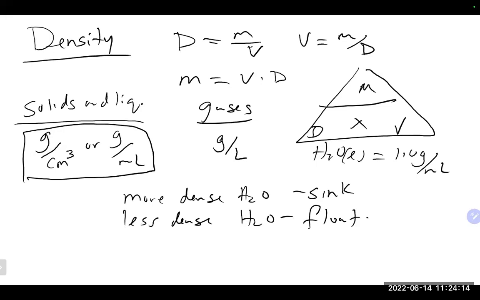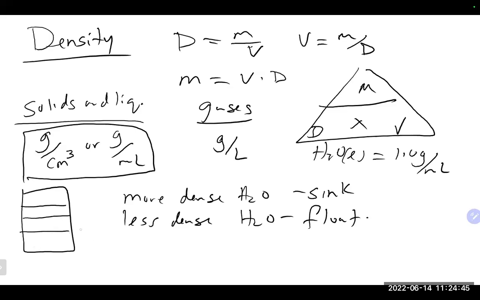By the way, density does change with temperature. But for the most part, for any book problem, if you need the density of water, 1 gram per mil is typically the value that you use, unless it's really specific. If we have liquids with different densities, they will separate out by their densities.